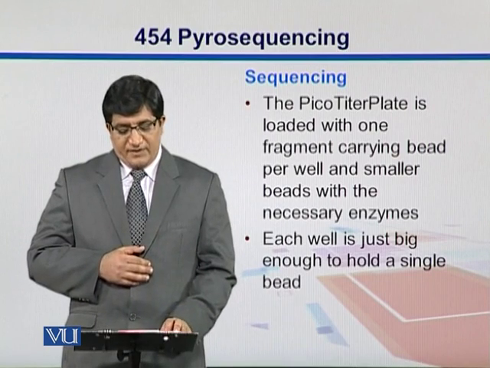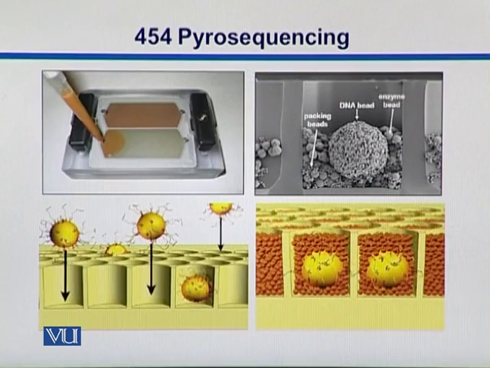There are wells in the plates which are big enough to hold one bead at a time. So here we see all that is happening. We load the samples, and then in the cross section we can see that there are some wells where we have DNA beads, and in addition we have enzymes in the form of enzyme beads and also some packaging beads, so that the DNA-containing bead is fixed into those wells where they are sequenced.